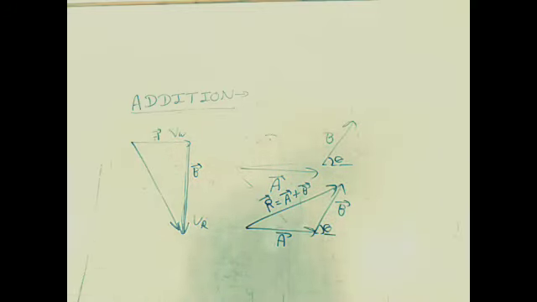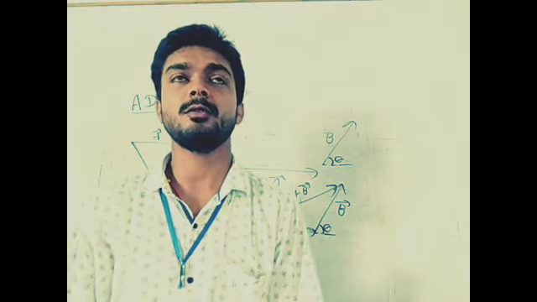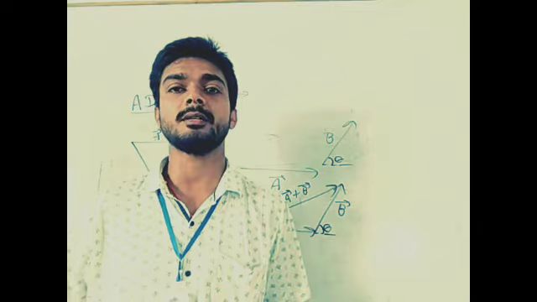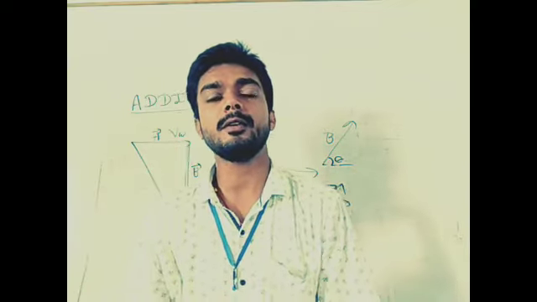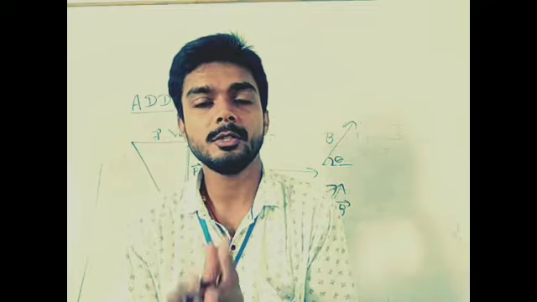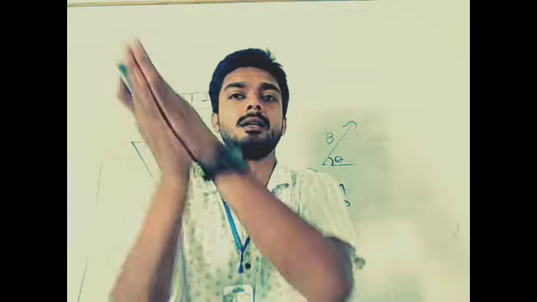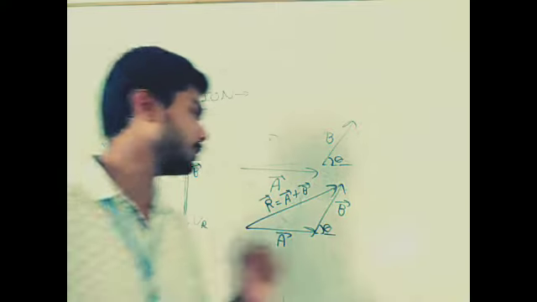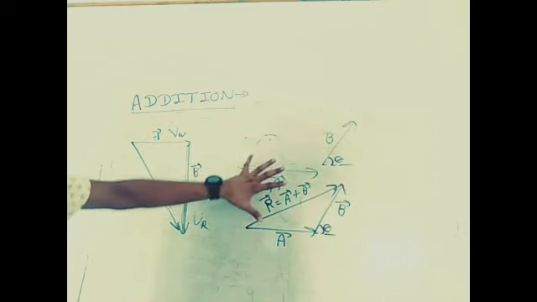I repeat again, resultant means effect. What we are observing, that is the resultant. Whenever wind blows during rainfall, we observe that rain starts to fall at an inclined angle. Okay. Now, this is the triangle law of vector addition.